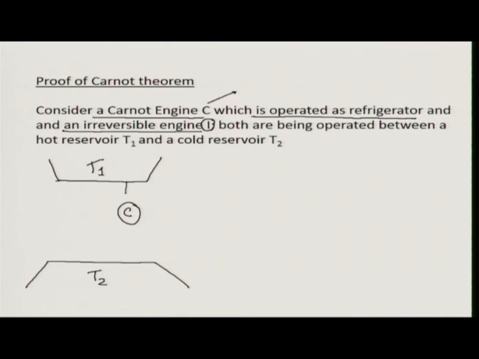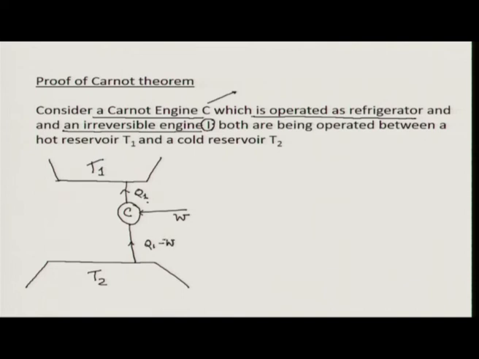It will dump heat to the hot reservoir. Let us say this is Q1, and since it is a refrigerator, the second law already tells me that I have to do some work on it. It's W. Then how much heat must it take from here? Conservation tells me that it will take a heat Q1 minus W.